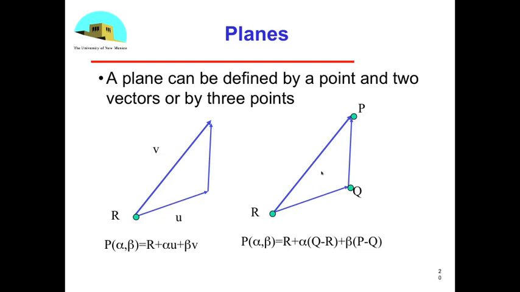But I could define u and v by just taking p minus q and q minus r and putting them into this formula. So these are equivalent ways of saying that a plane is defined by a point and two vectors or by 3 points. And as you can see, defining a plane is essentially the same as defining a triangle, or maybe a better statement is that every triangle defines the plane in which it exists.